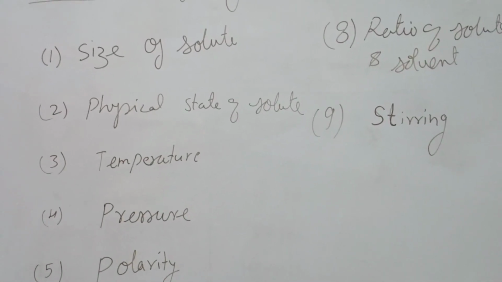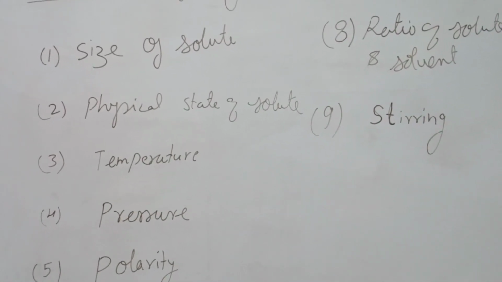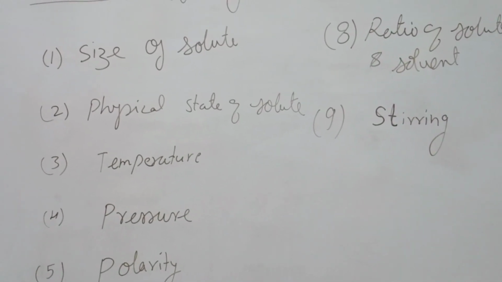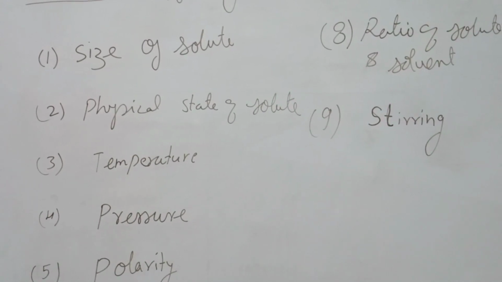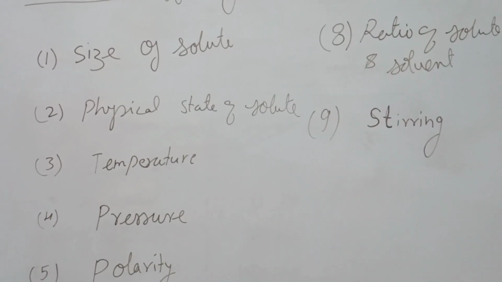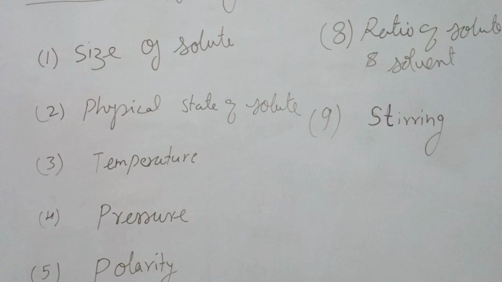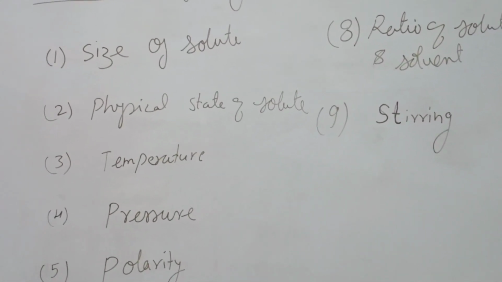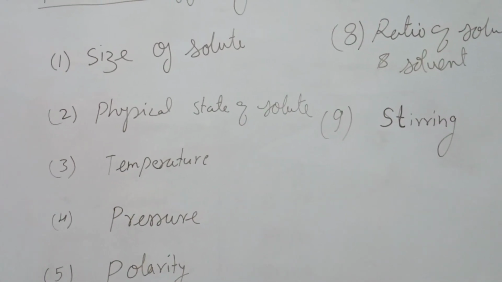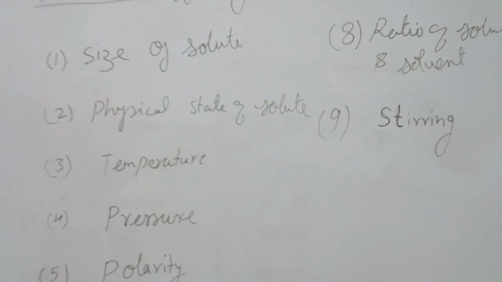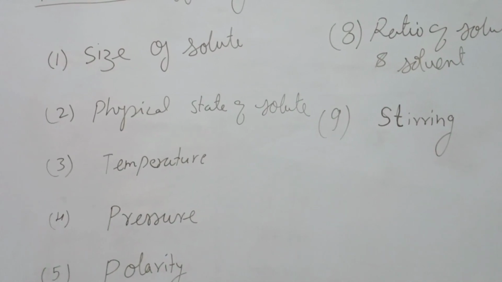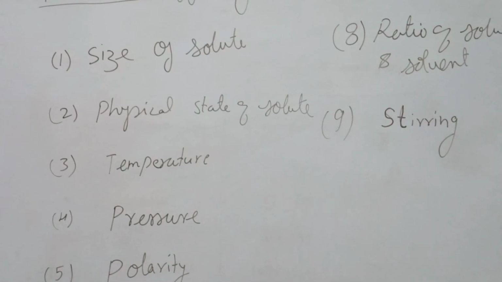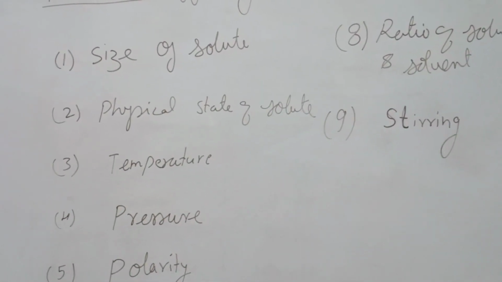Physical state of the solute means in what physical state the solute is ultimately present while its dissolution or solubility is performed. So the physical state is solid, liquid or gas. So in which among these three states finally the solute is present when it is dissolved in a solvent.